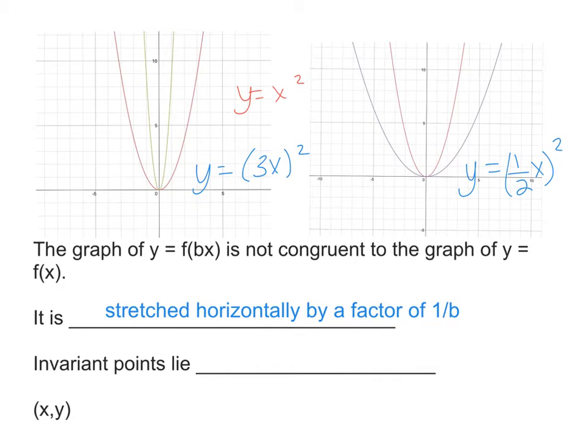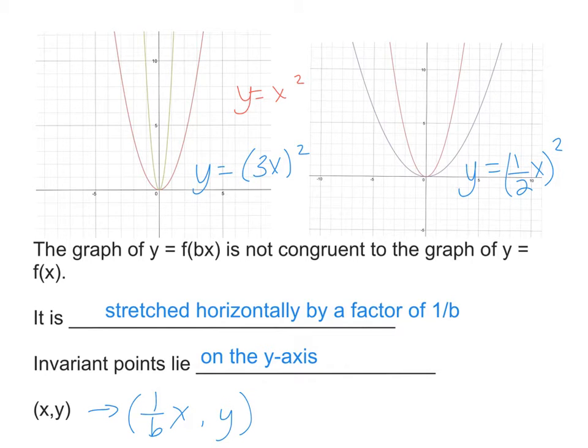It's the reciprocal of the number that's there. That's the stretch factor. Invariant points we already talked about. Where are they going to be? On the y-axis. And the mapping rule will be xy maps to 1/b times x and y.